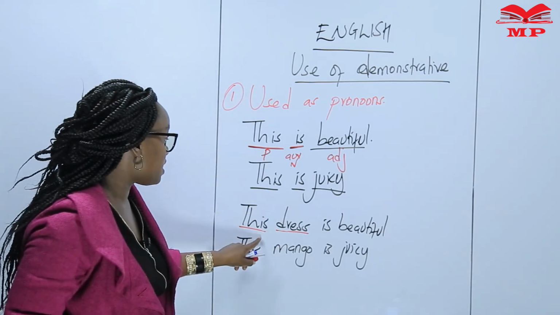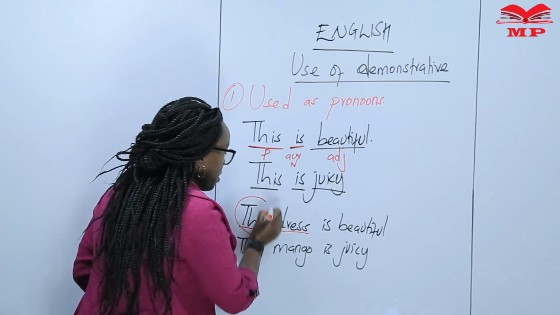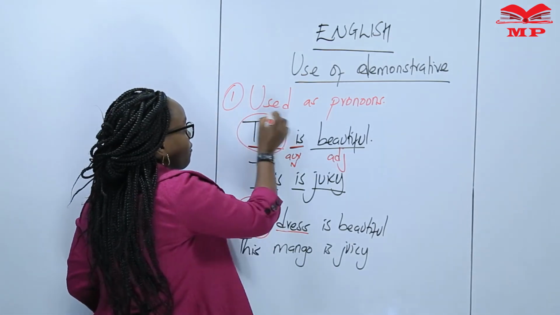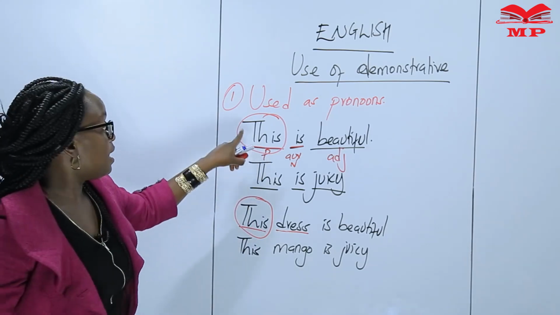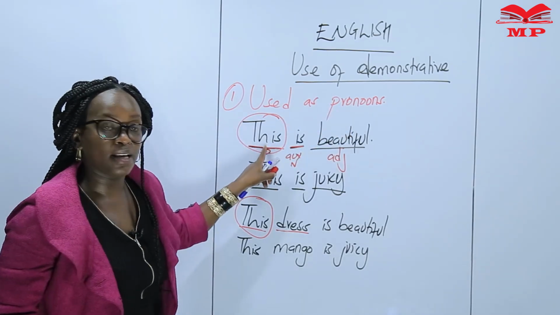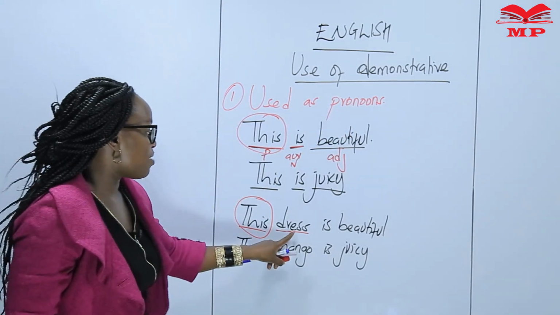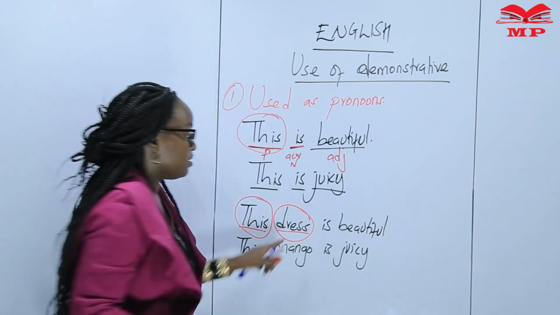Therefore, in this sentence, this dress is beautiful. The use of our demonstrative here is different from the one that we have used here. Here, it has been used as the pronoun, replacing the noun completely. But in this sentence, the noun that is being modified is actually here, dress.